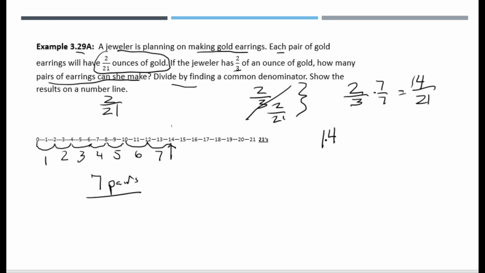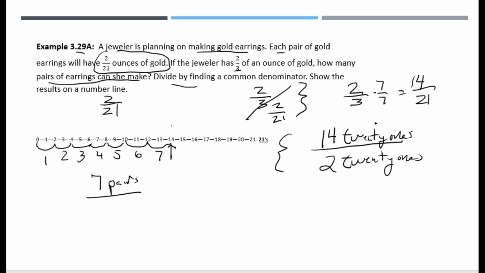So we have 14/21s divided by 2/21s. Now notice, by dividing it this way, we can see that the 21s just cancel. And 14 divided by 2 is 7. So there is the way in which we can do it.